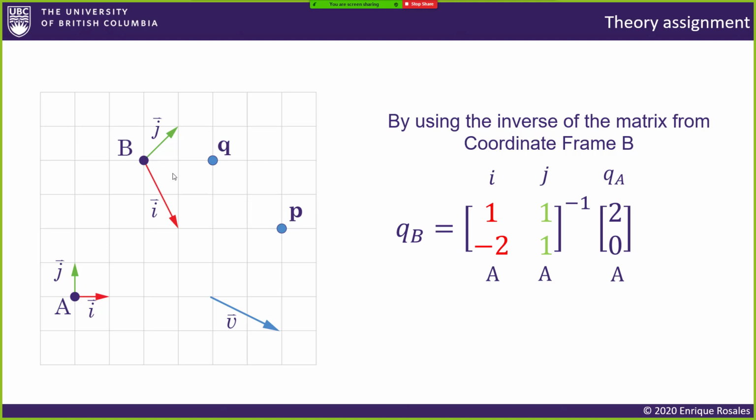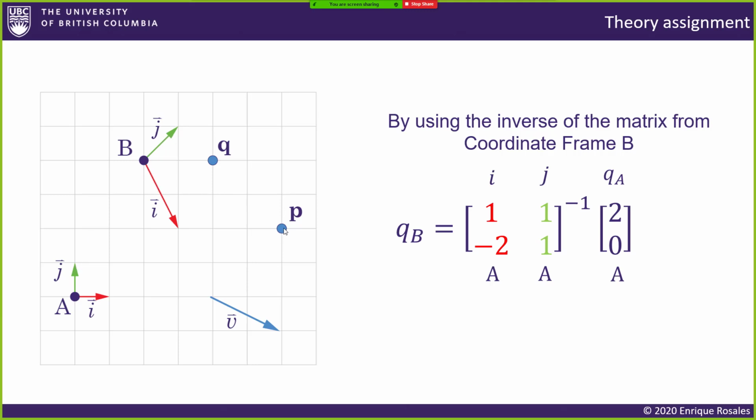Now in that case, I use the same matrix without the inverse, and I just multiply by P. As you can see, the I from B is kind of a rotated and scaled version of I, and J is also a rotated version.